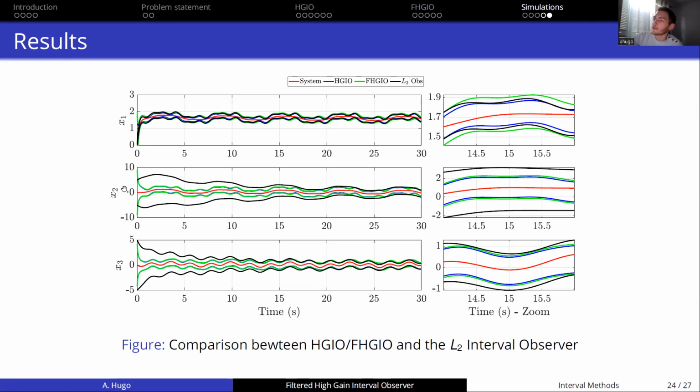What we can see is that we really have a much faster convergence speed, as well as, at the beginning at least, really tighter estimated bounds. So we show the advantages of our type of observer compared to what can be done in the literature, based on one example.